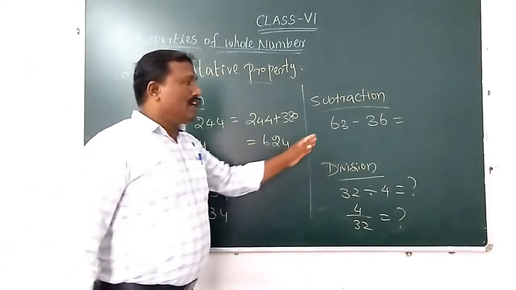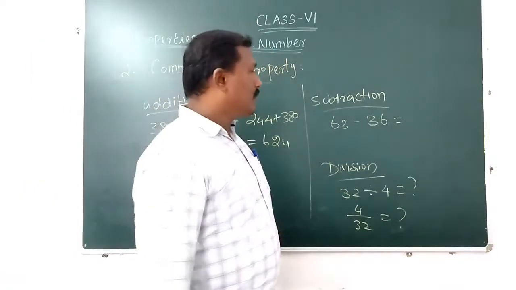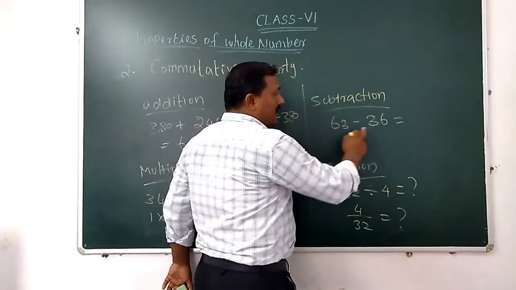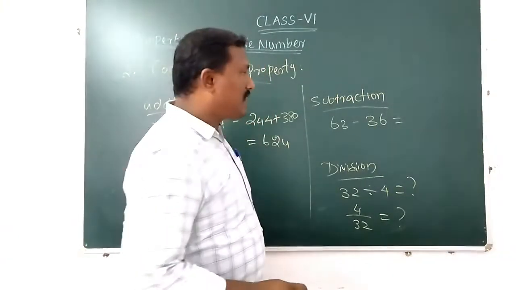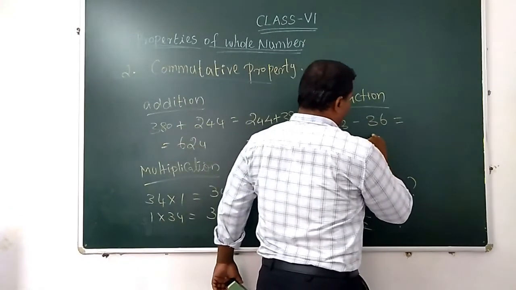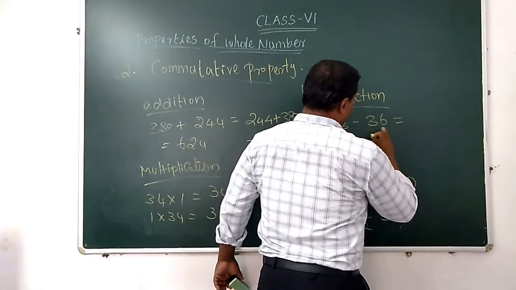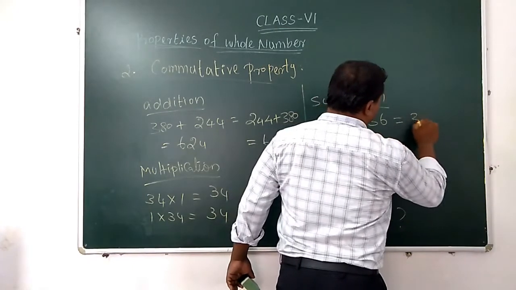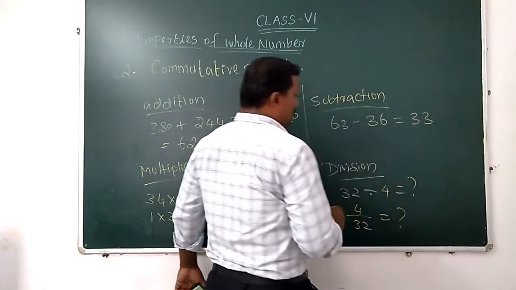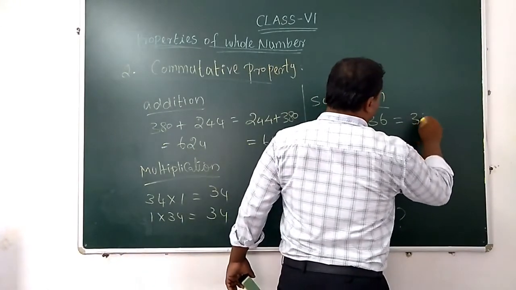But when we are doing subtraction and division, it's not the same. We will talk about 63 and 36. If you subtract 36 from 63, what will we get?